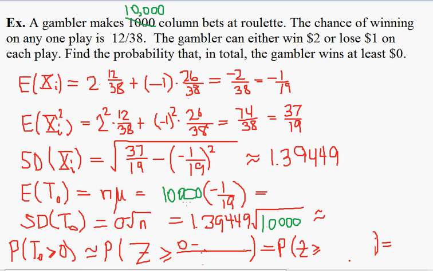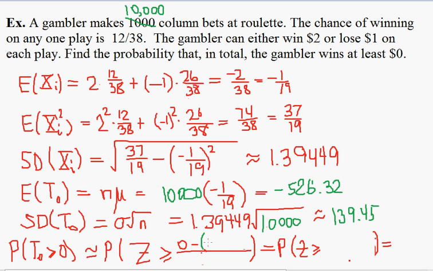So let's do the calculations again on the calculator. So 10,000 divided by 19. So now the expected loss is $526 as opposed to $52. $526 and 32 cents. While if we take the standard deviation multiplied by the square root of 10,000, we now get 139.45.